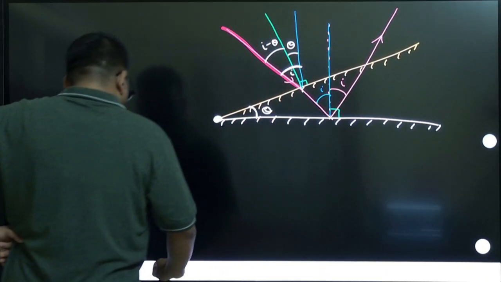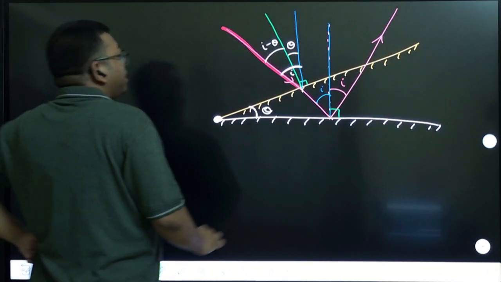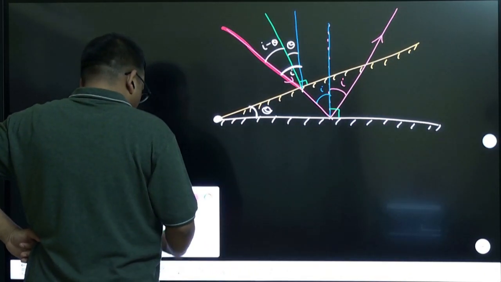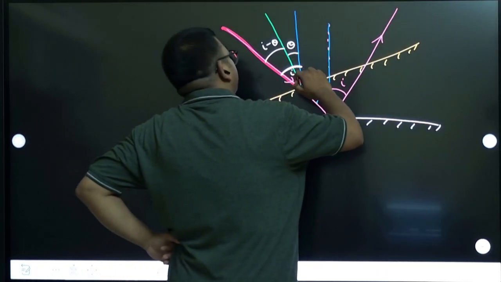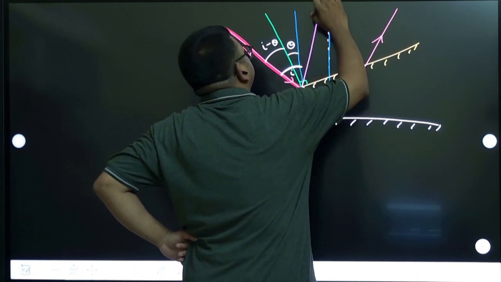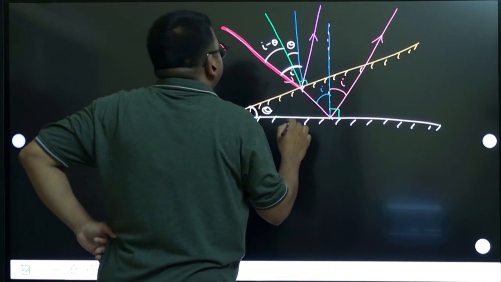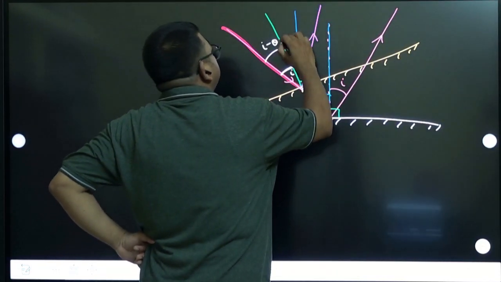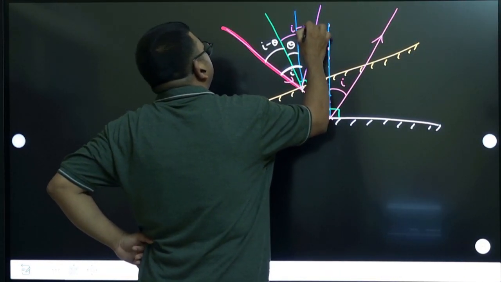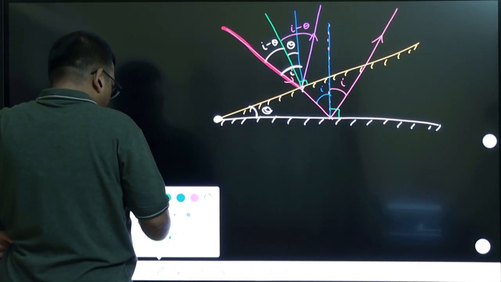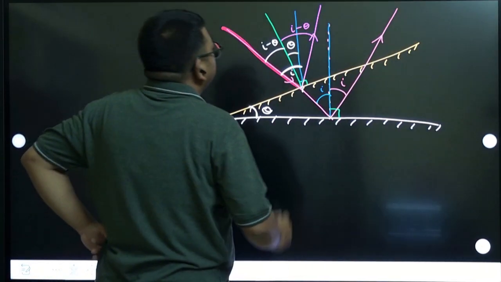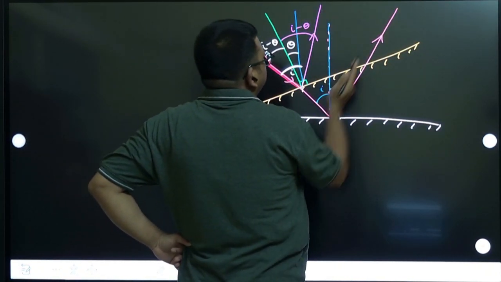So now the reflected ray will go in the same manner, right? This is the normal, so it will go this way. This angle, which is now I minus theta, is also I minus theta here. So how much is the angle made by this reflected ray and that reflected ray?